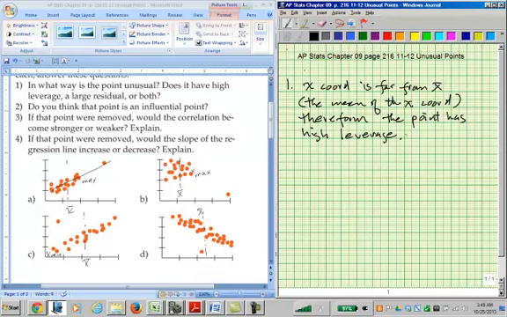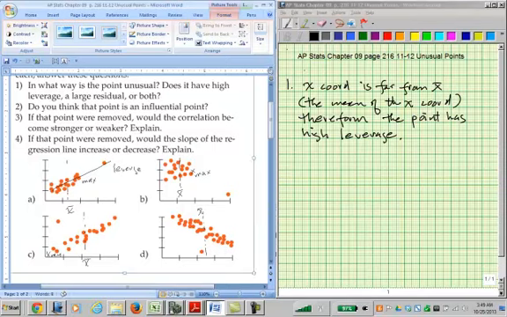So, A has leverage. B, leverage. A lot. Okay, lot of leverage. Oops, that's lot spelled backwards. That's unusual. In C, a bit of leverage. In D, no leverage.